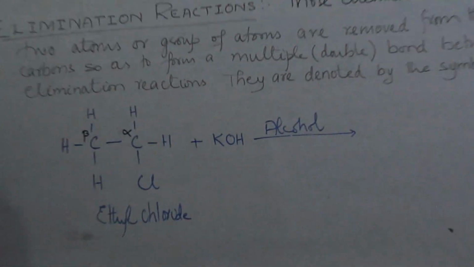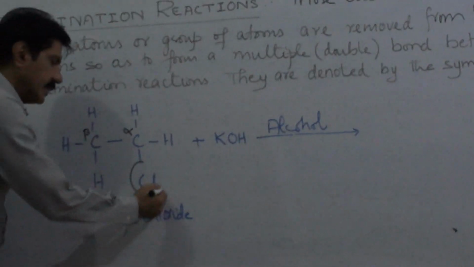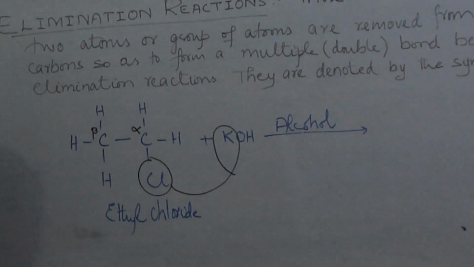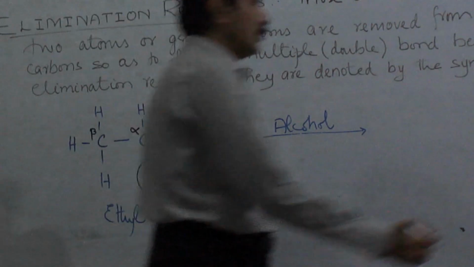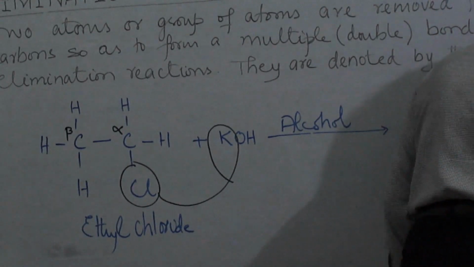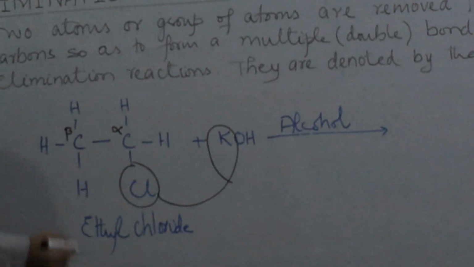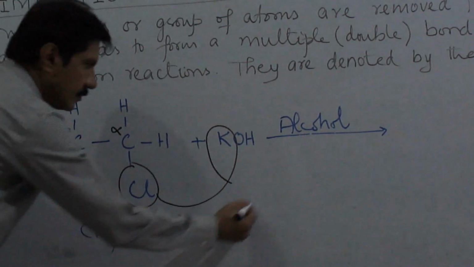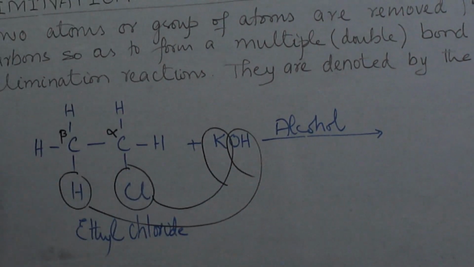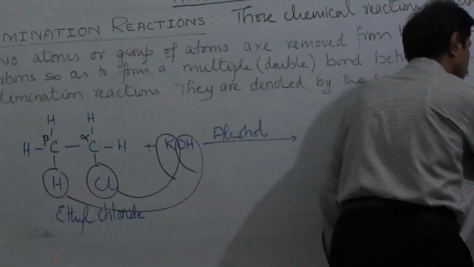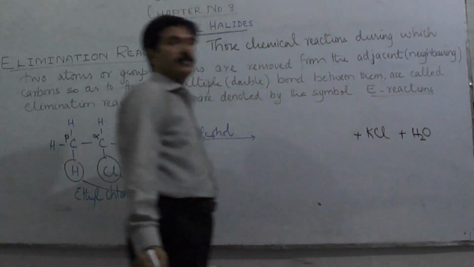So what happens? This chlorine atom will be removed from the alpha carbon. It takes the potassium atom with it to make potassium chloride. Similarly, the hydrogen atom from the beta carbon will take the OH group of potassium hydroxide molecule with it, and another byproduct will be the water molecule.